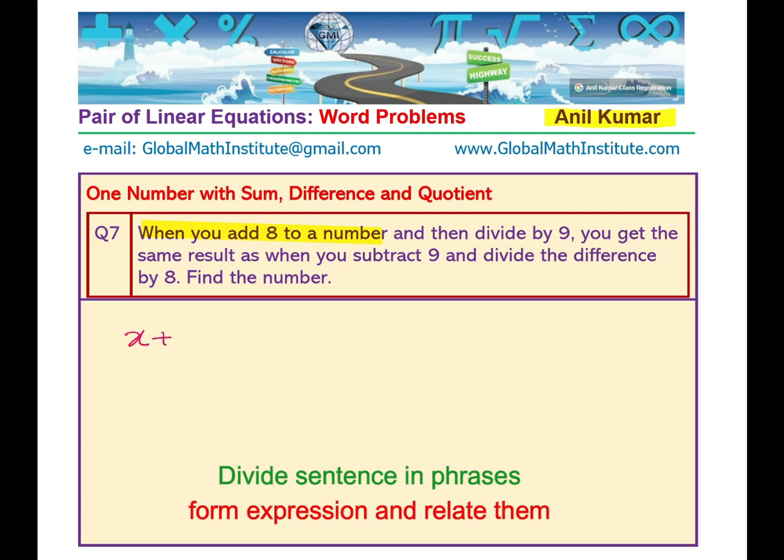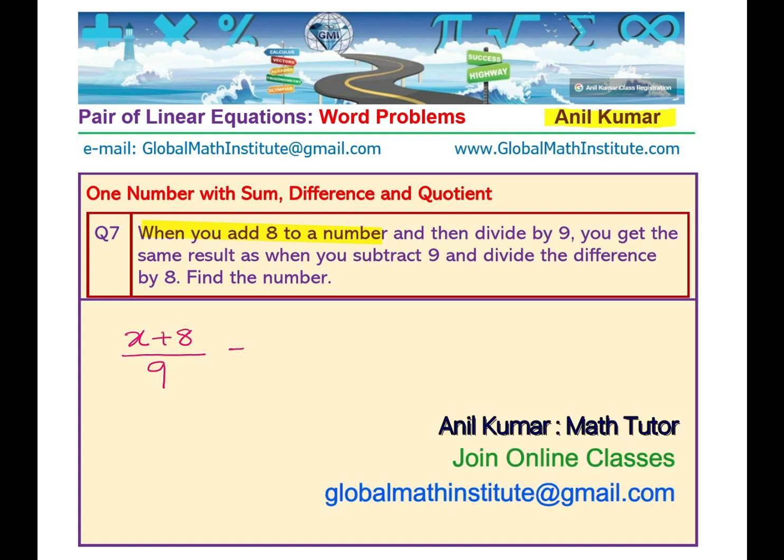So it becomes x plus 8. When you add 8 to a number and then divide by 9, you get the same result as, so same result means equal to, as when you subtract 9 from that number which you're talking about, x, right?